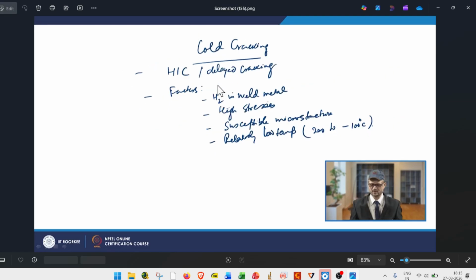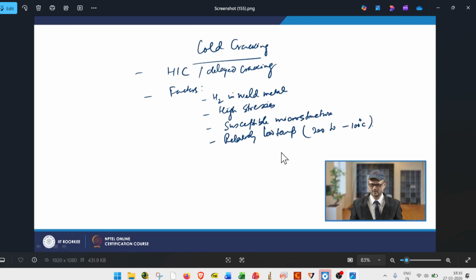Next, cold cracking. We can also call it hydrogen-induced cracking or delayed cracking. It occurs because of the hydrogen in the welding material, and it happens after cooling. So we cannot see it immediately after cooling. It is delayed cracking. It happens at a later part of the time.